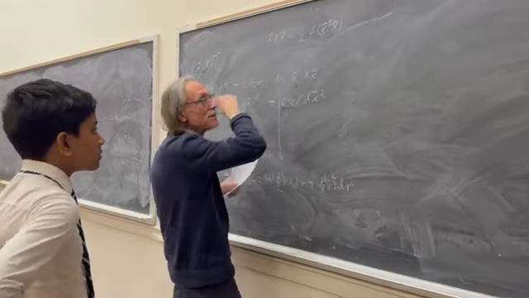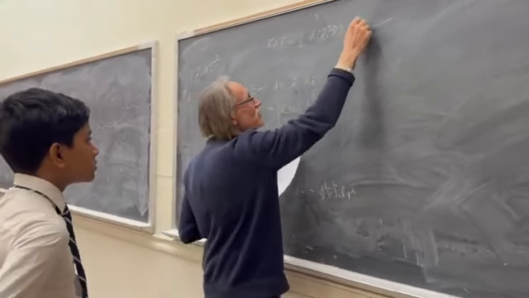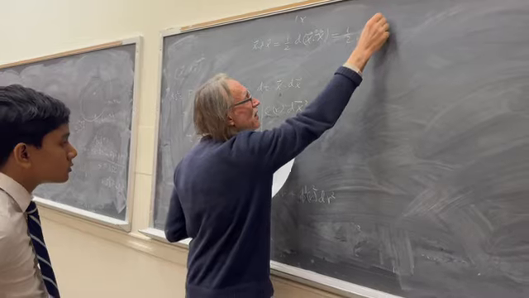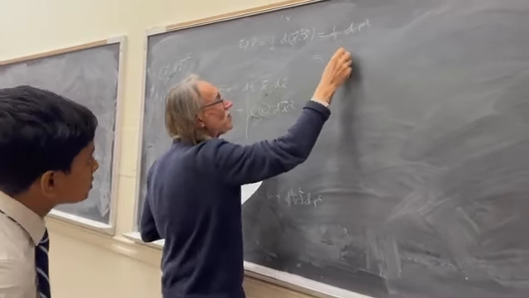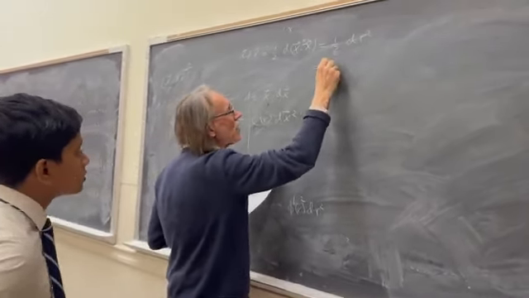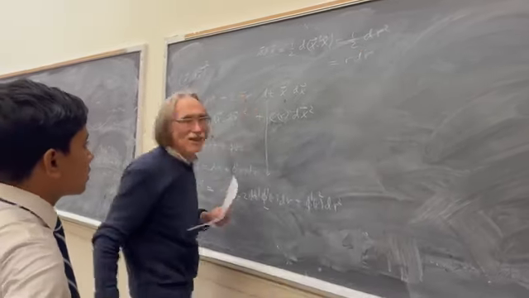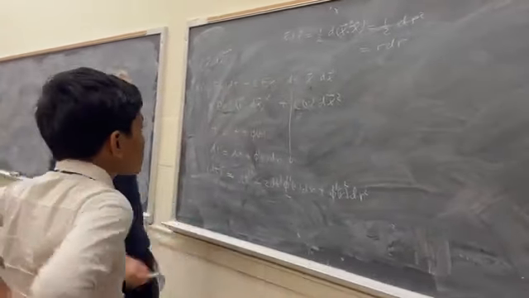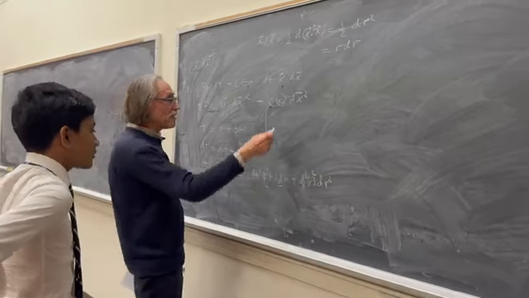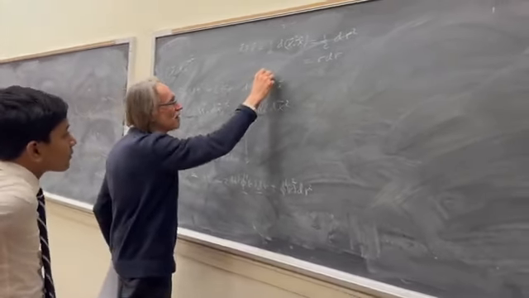So you get that, and this is r squared, so it's just actually r dr. And that is what we have here. So this is r dr.